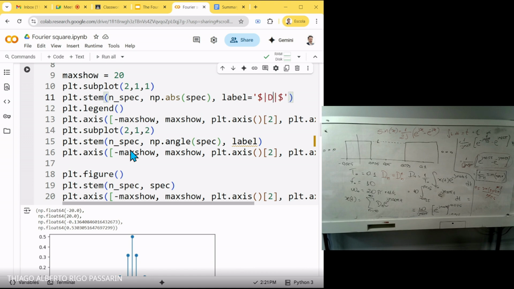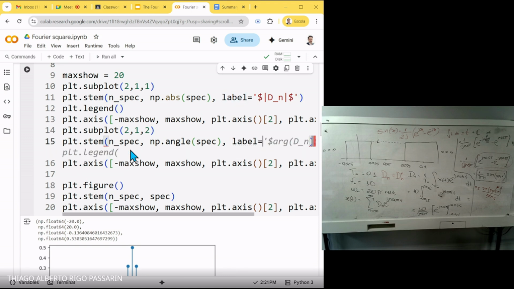Absolute value of dn. And the R. For the string, don't you have to use R? You can use just like this. Yes. Anyway, the letter R. Ah, yes.